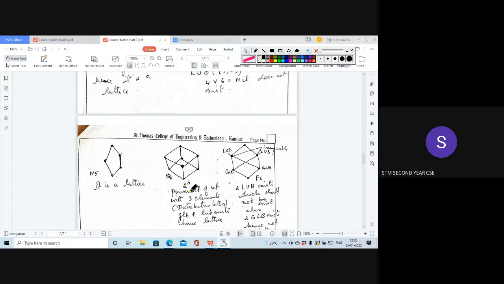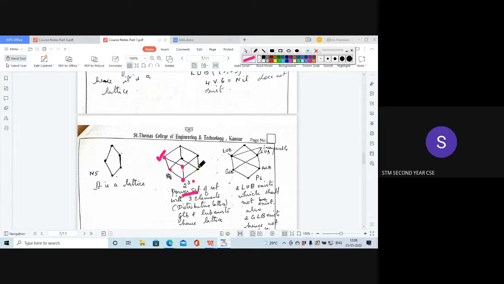Then another example is the power set. Now, the power set with three elements. If you draw the lattice diagram for a power set with three elements, it looks like a cube. And every element has a least upper bound and a greatest lower bound. We will draw this diagram in detail in the next section. If we take these two, this is the least upper bound and this is the greatest lower bound.